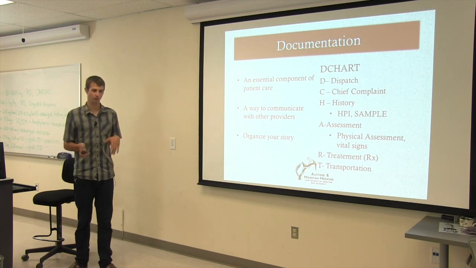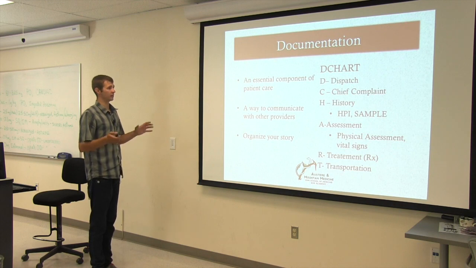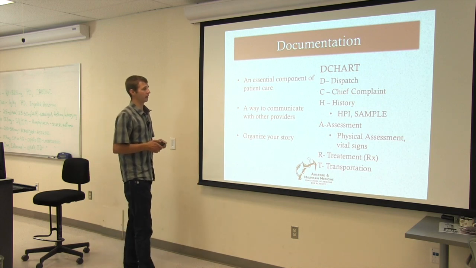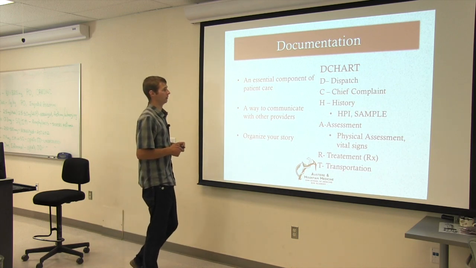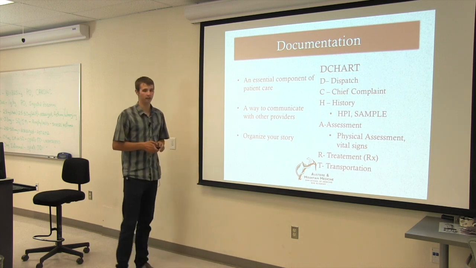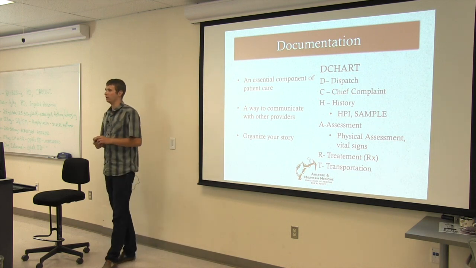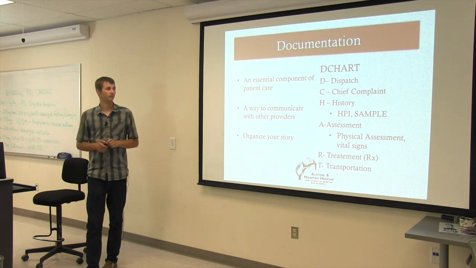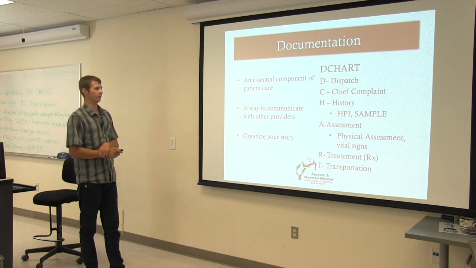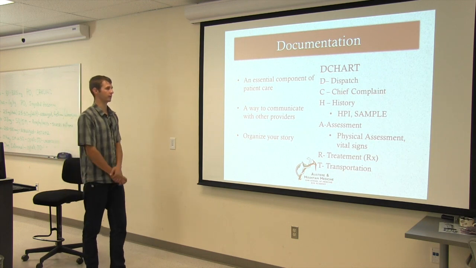So an example would be, say March 15th, 2014, 1,500 hours, dispatched for a 55-year-old male out in the Sandia foothills. Chief complaint, this can actually be kind of included in your dispatch, so you could say 55-year-old male complaint of abdominal pain. So these two together, usually really brief in your documentation, usually only a couple sentences long.